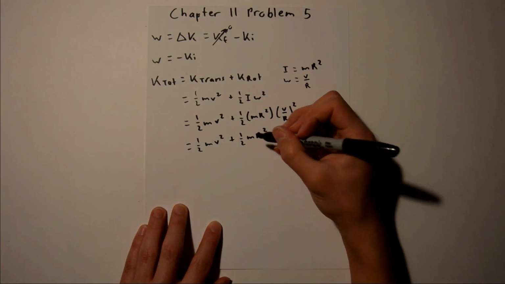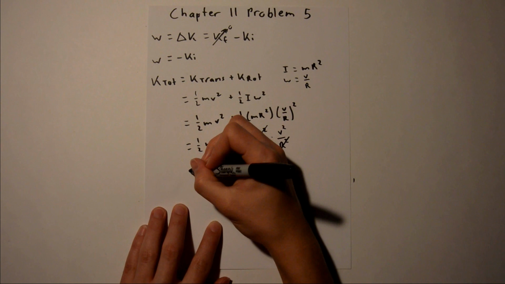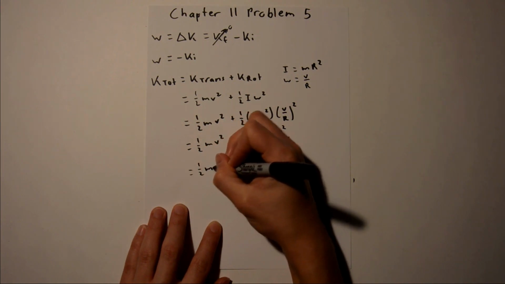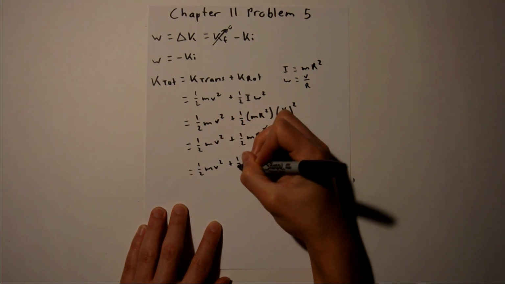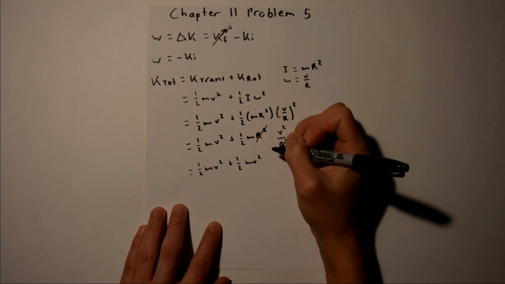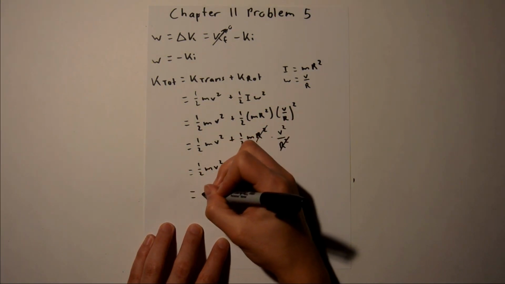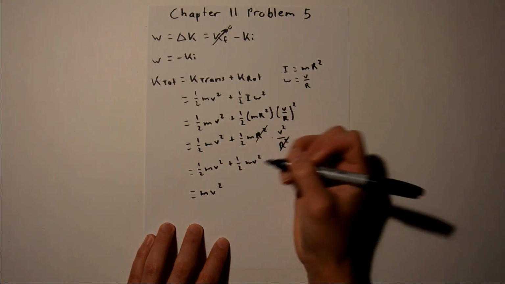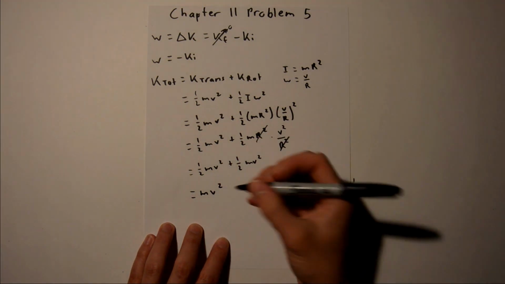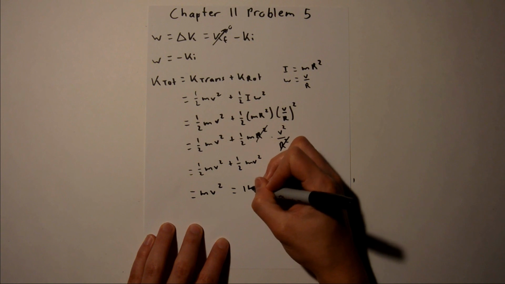And now we can cancel out our r squareds. So this equals 1/2 mv squared plus 1/2 mv squared, which together makes just mv squared. So this is equal to mv squared, and we have those two values, so we can plug those in.